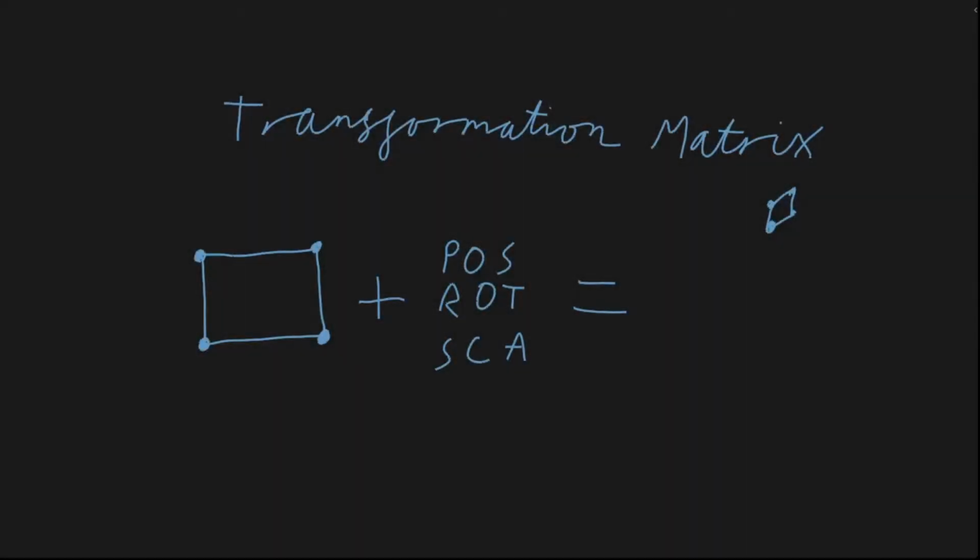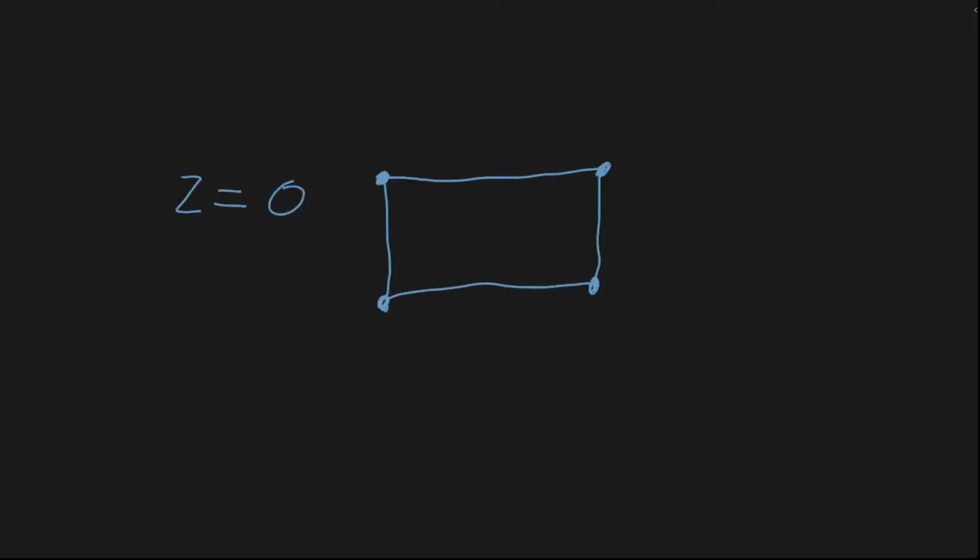In the last episode, we worked on a transformation matrix to take in the raw vertex data, a position, rotation and scale, and turn that into a 3D transformation. Now, this isn't the only type of matrix that we can use, and we're going to be learning about the other ones today. But first off, let's say we have a square in our current engine with a Z position of 0, and let's say we wanted to move that away from the camera.